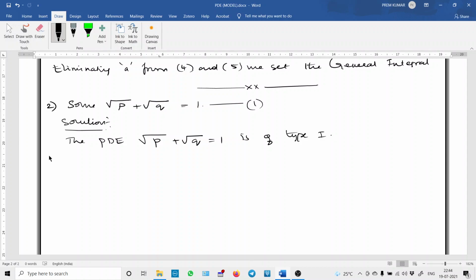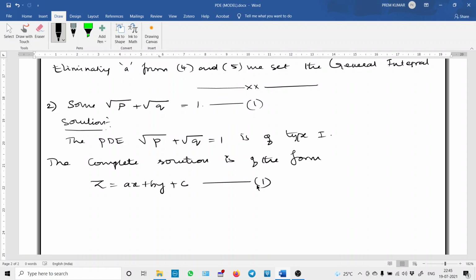The complete solution is of the form z equals to ax plus by plus c. So differentiating partially with respect to a and b, we get p equals to a and q equals to b.